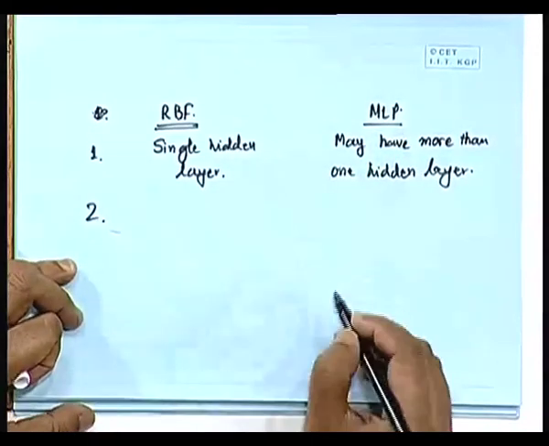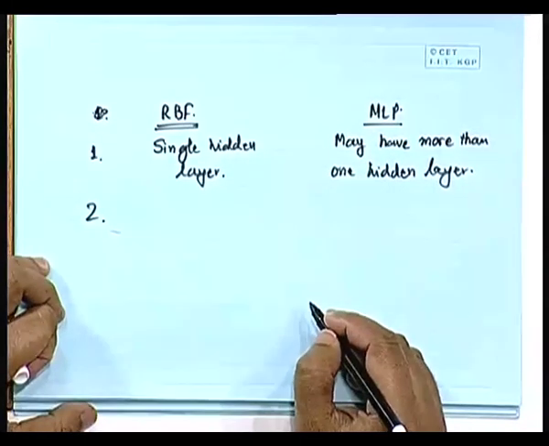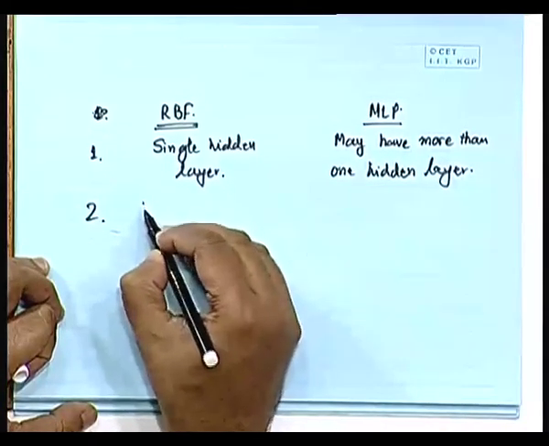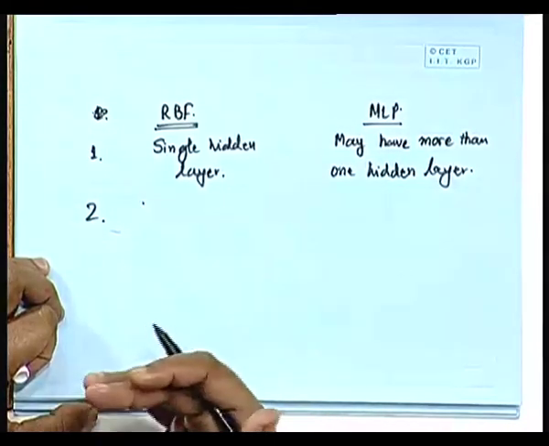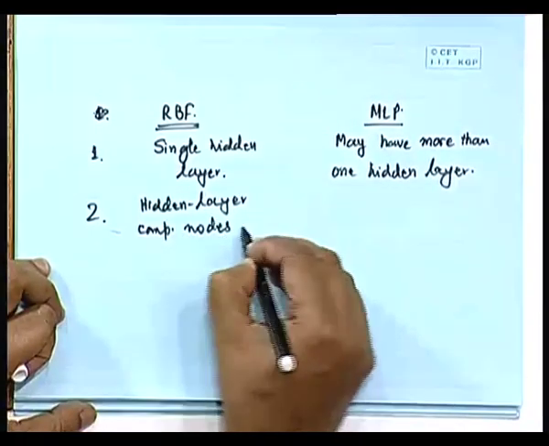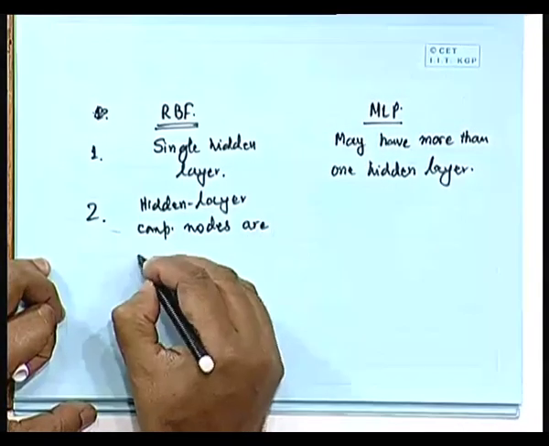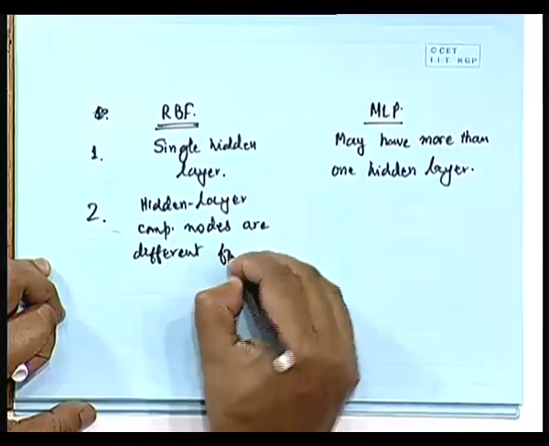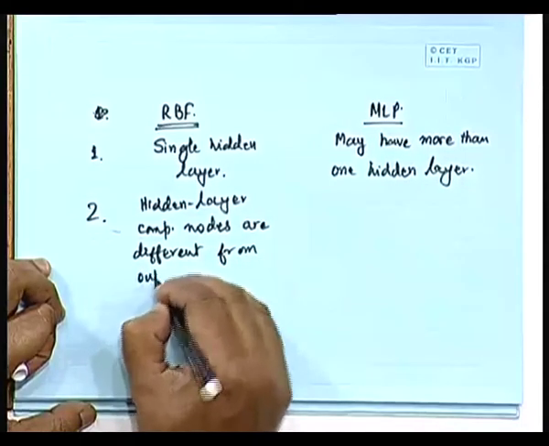Then the second point is that the RBF has hidden layer computational nodes different from its output computational nodes.